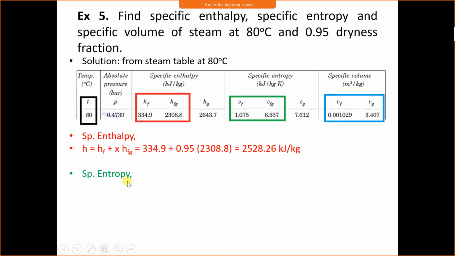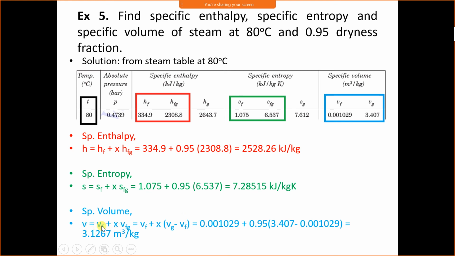Now specific entropy formula is s = sf + x sfg. sf is 1.075, x is 0.95 and sfg is 6.537, and its calculation is 7.28515 kilojoule per kg Kelvin. Then specific volume formula, v = vf + x vfg.